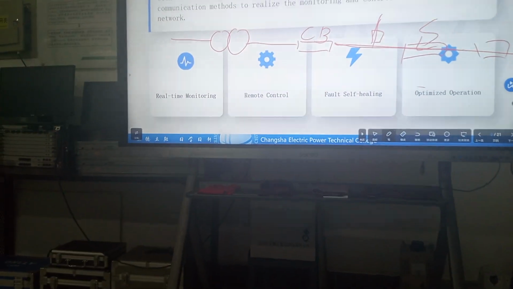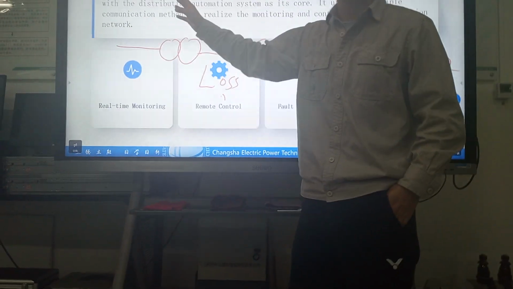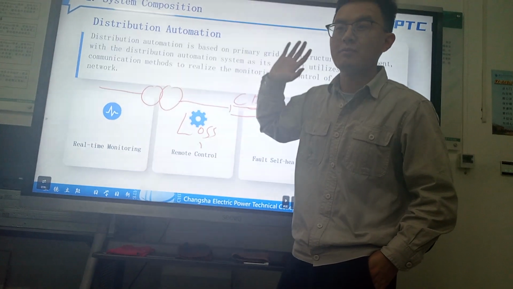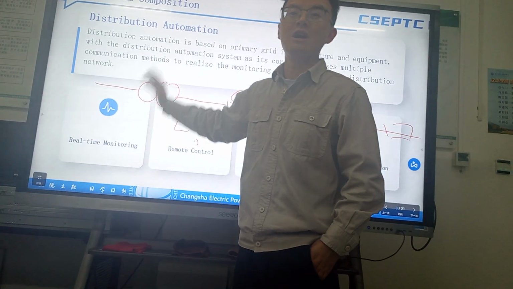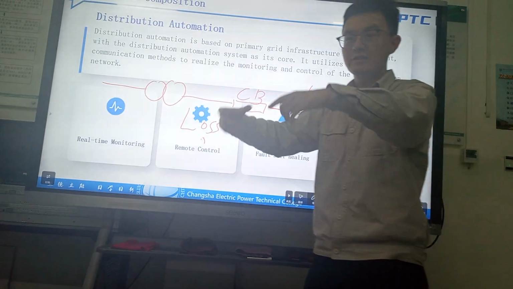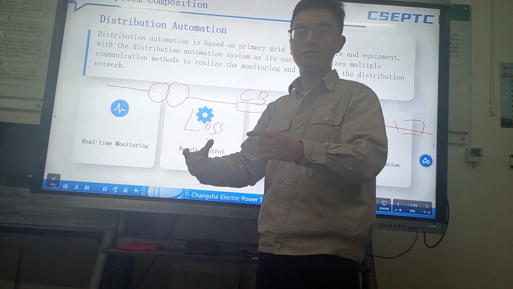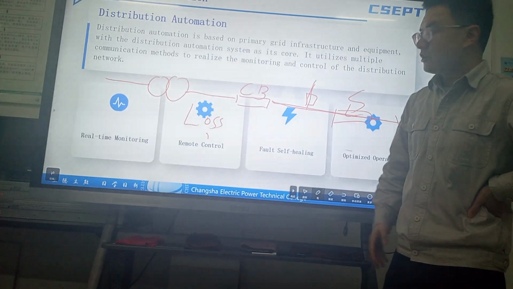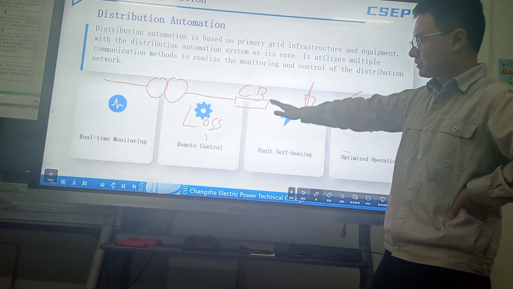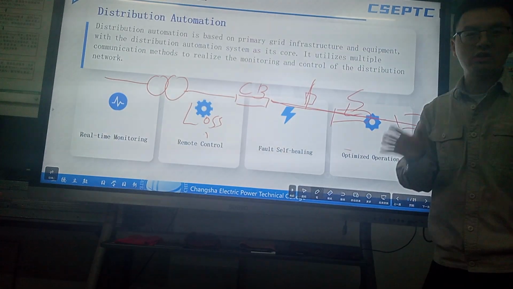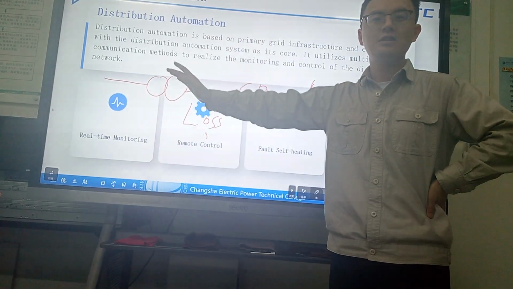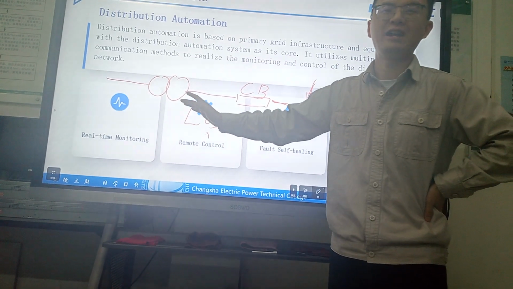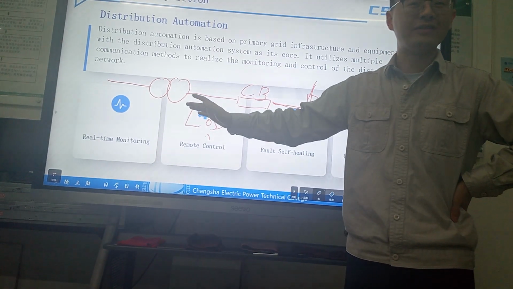What challenges might we meet? In stations, we have more than one transformer and multiple outgoing lines, but they are all integrated in one area, right? Right. But when the outgoing line stretches into the distribution network, where could it be? It could be anywhere. On a wooden pole, right?